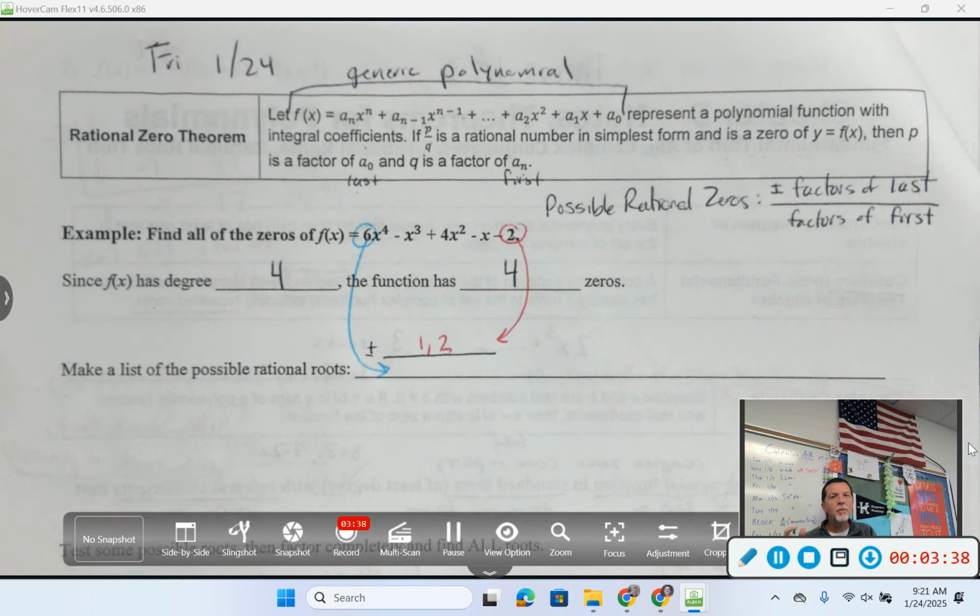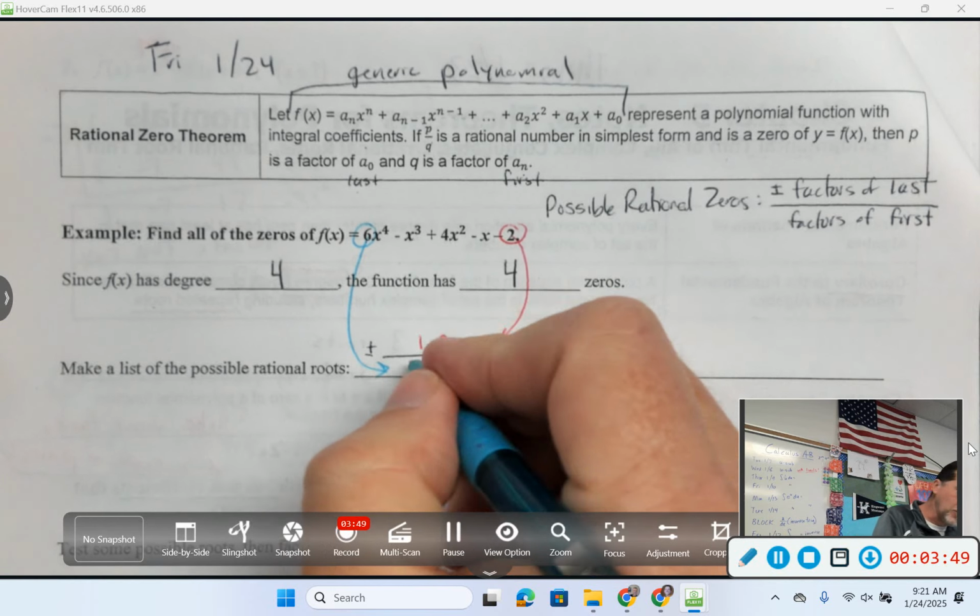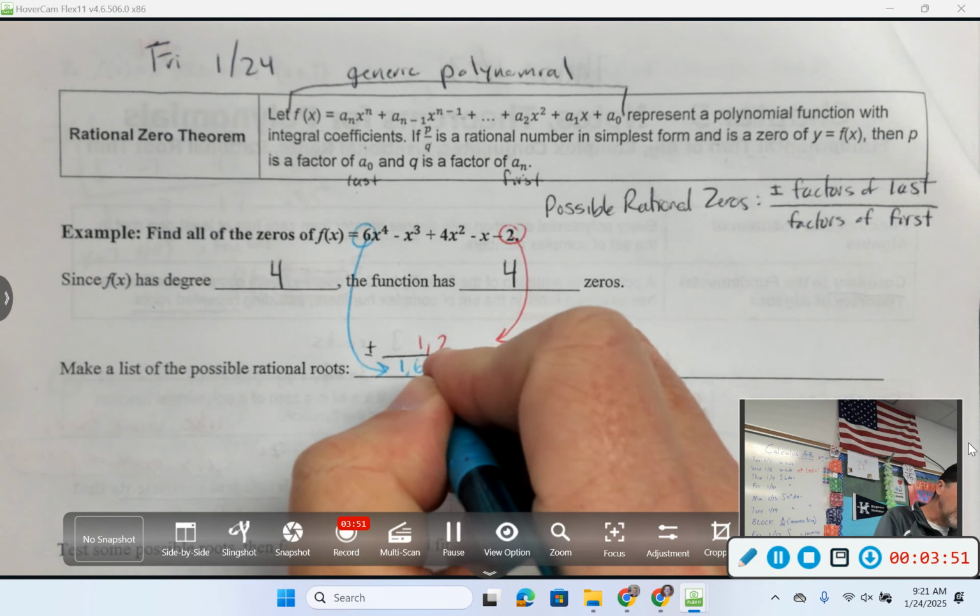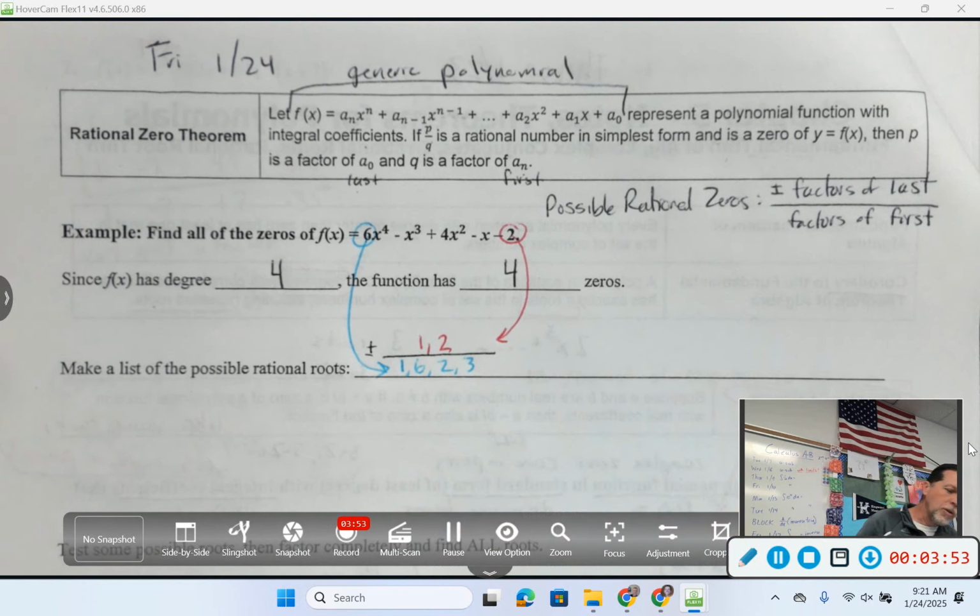It's up to you, but some people think of them in pairs, like 1 times 6 and 2 times 3, and so they'll write 1, 6, 2, 3. Other people think, well, that's kind of annoying, I want them to be in order. It doesn't matter. Your brain probably thinks 1, 6, and 2 and 3. That's probably how you first think of the factors, because they're pairs. If you rearrange them on the fly to put them in order, that's okay.